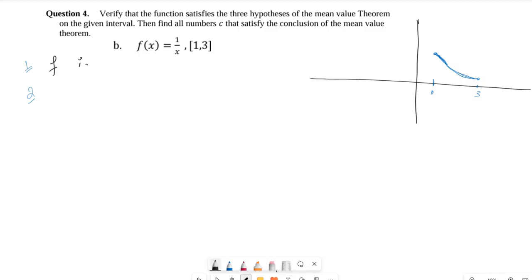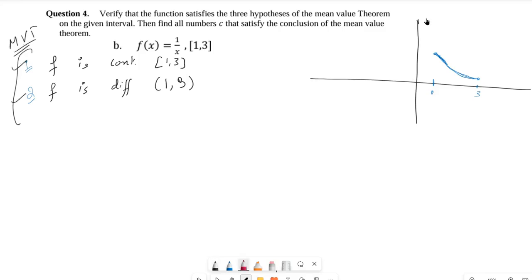So f is continuous on the closed interval 1 to 3. Also, f is differentiable on the open interval 1 to 3 because there is no corner or break or kink, right? So the function is pretty differentiable. Both the MVT, mean value theorem, conditions are checked.